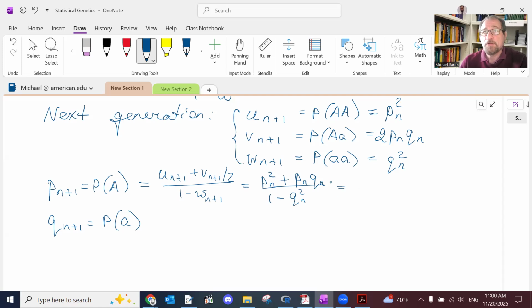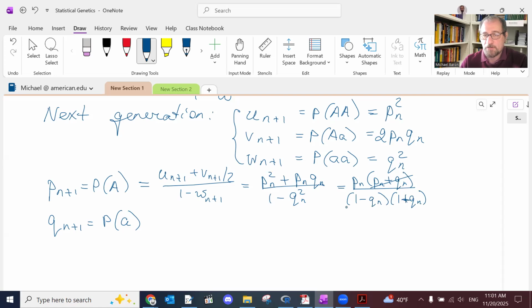How do we simplify? We did similar things, right? Pn is factored, Pn plus Qn is 1, divided by 1 minus Qn squared. 1 minus Qn squared, you know, is 1 minus Qn times 1 plus Qn. You know this factorization, right?